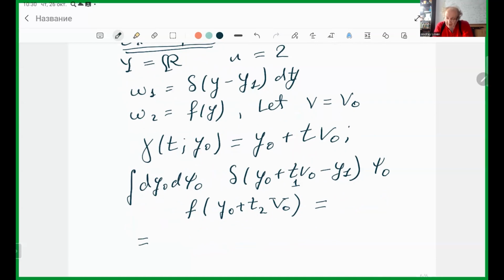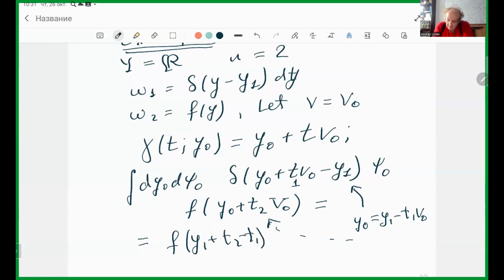I integrate the delta function, so I know that y naught is y1 minus t1 v naught. And I plug it here to get f of y1 plus t2 minus t1 times v naught. So this is the result of the computation.